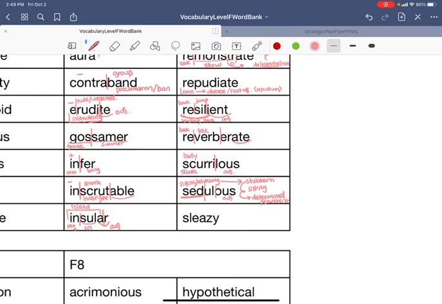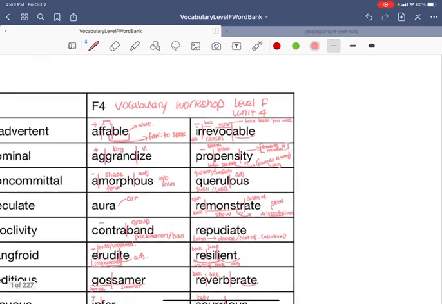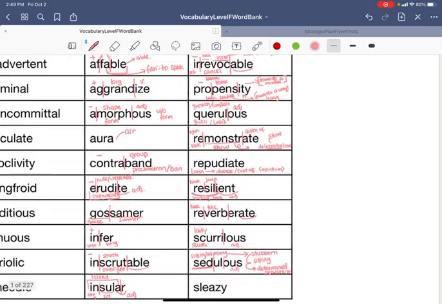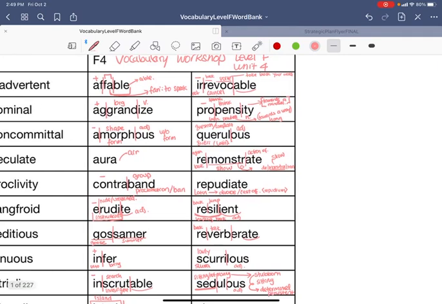Okay, well, it was really fun going over these words, and I really hope it was helpful to a lot of people. It's a fun thing to talk about, have a conversation about.